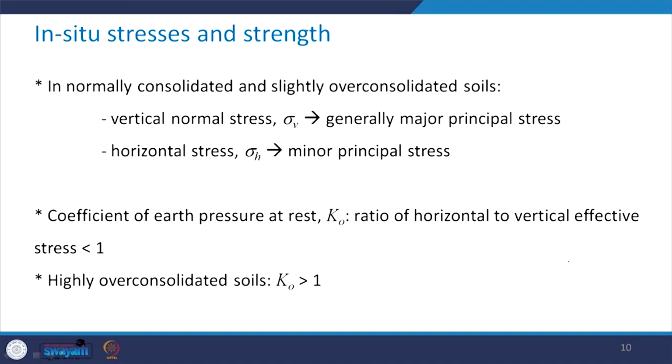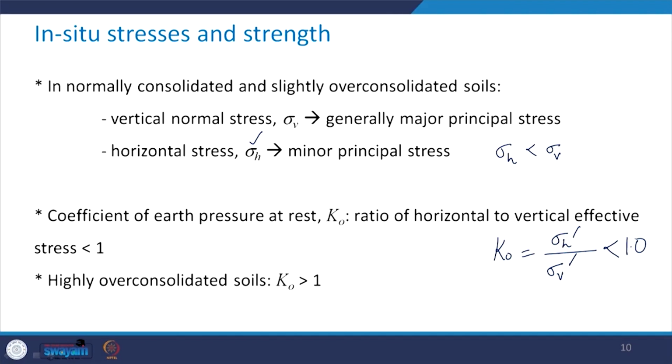In normally consolidated and over consolidated soils, you all know that vertical normal stress sigma V is generally the major principal stress, and the horizontal stress sigma H is the minor principal stress, and therefore sigma H is less than sigma V. In case of normally consolidated and slightly over consolidated soils, the coefficient of earth pressure at rest, which is defined as the ratio of horizontal effective stress to the vertical effective stress, is usually less than 1.